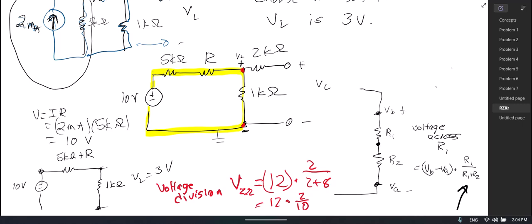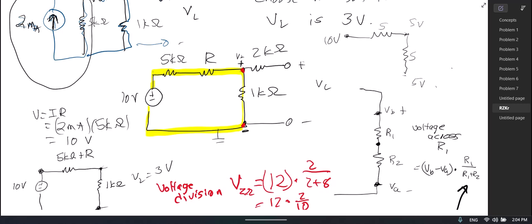No, it's not possible. It's not possible because, okay, if these things were equal, so if I had exactly the same up here as down here, so if this was 5 and this was 5 and I had 10 volts across them, I would have a drop of 5 volts here and a drop of 5 volts here.